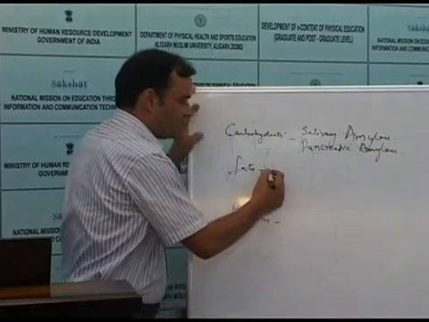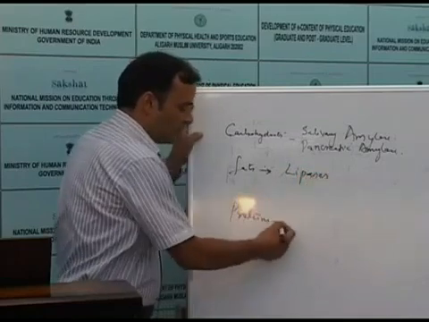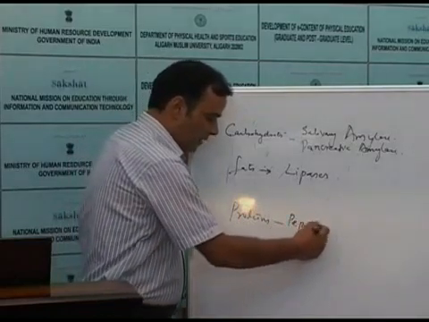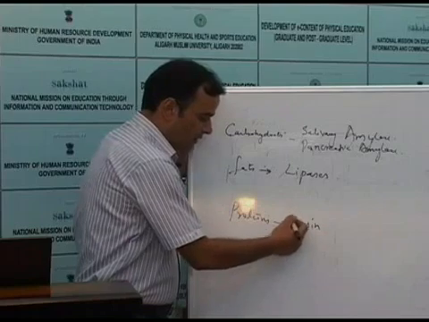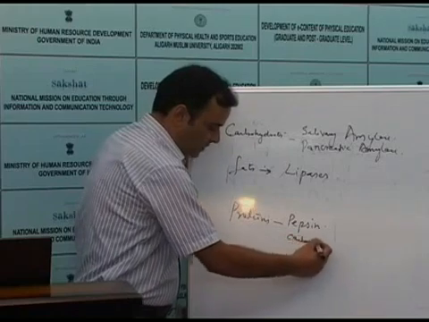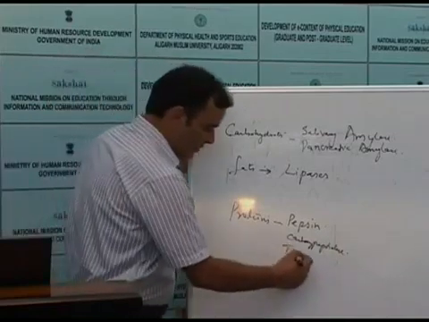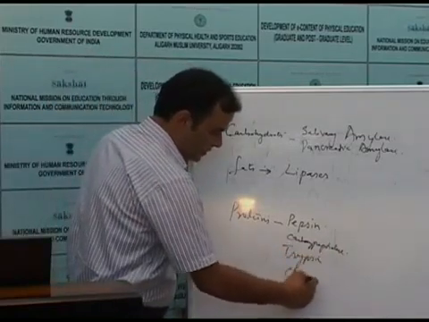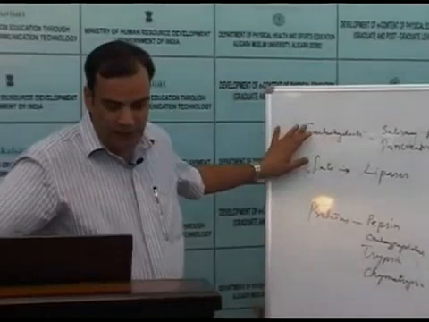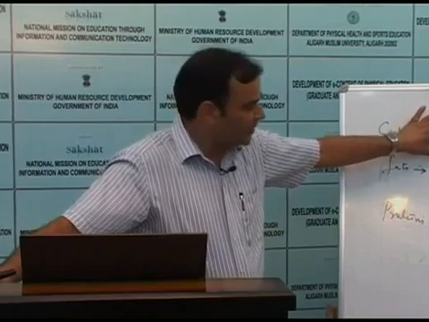For fats, we have various pancreatic enzymes called pancreatic lipases, and for proteins we have the enzyme pepsin in stomach and several other enzymes from the pancreas like carboxypeptidase, trypsin and chymotrypsin.